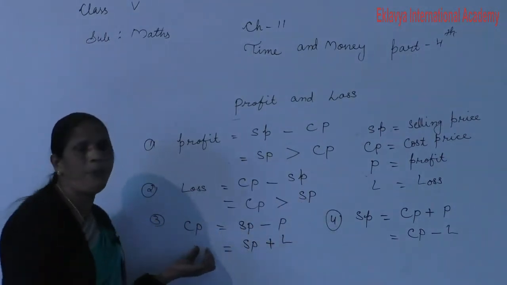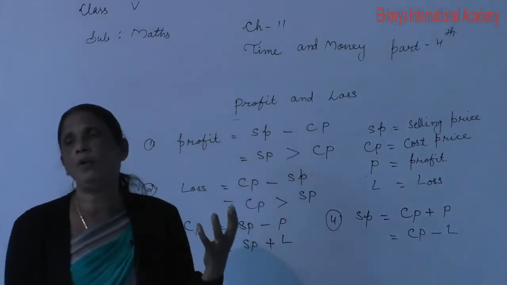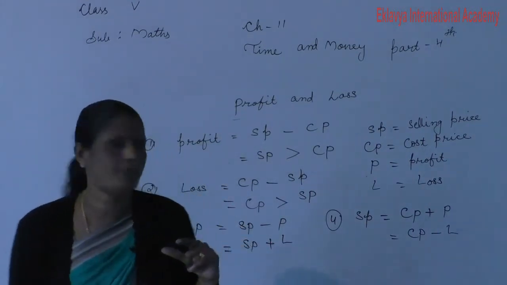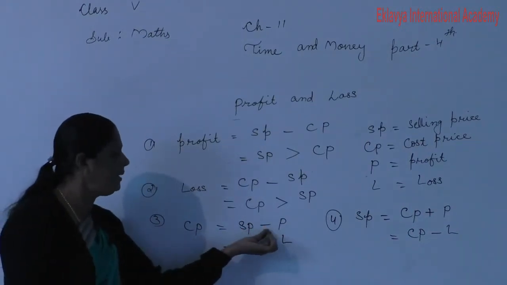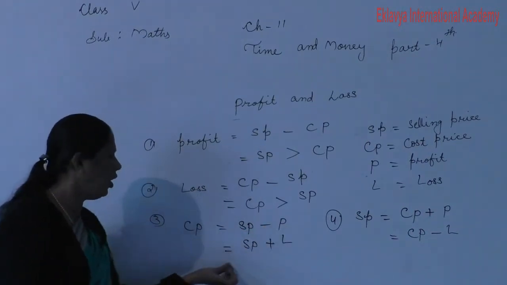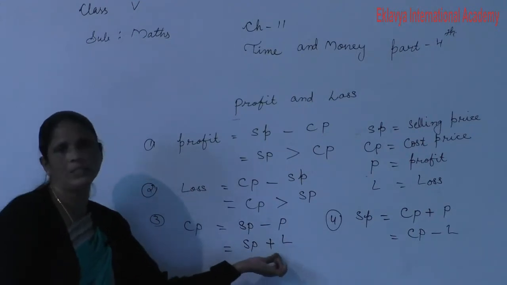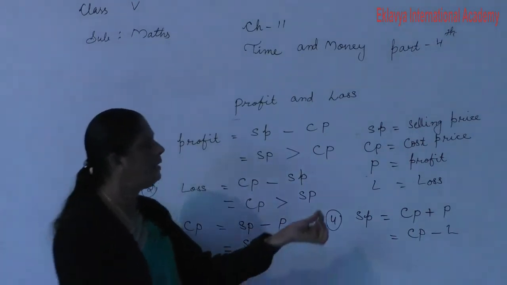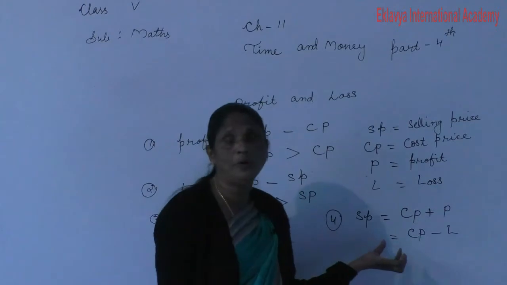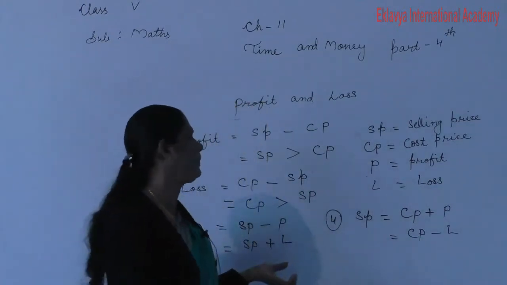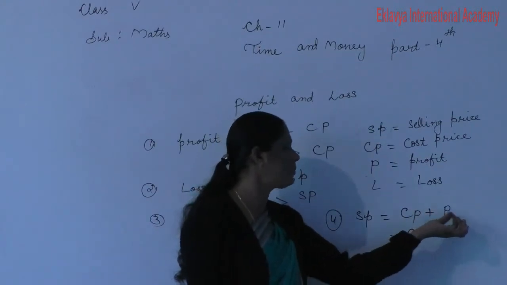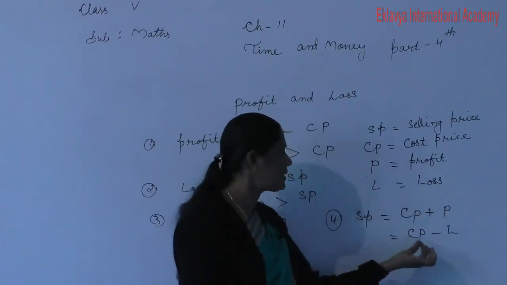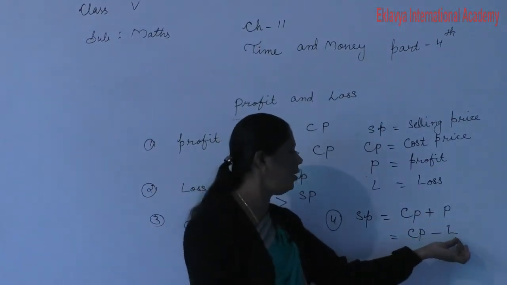How to find the cost price? Cost price is equal to SP minus profit, or SP plus loss. Then how to find the SP? SP is equal to CP plus profit, or CP minus loss.